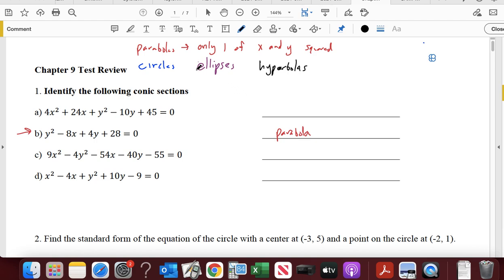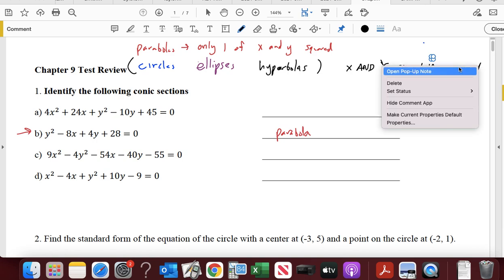Well, the defining feature of hyperbolas is that you have both x and y squared, so both are squared for all of these. So you need squared terms for both of those.